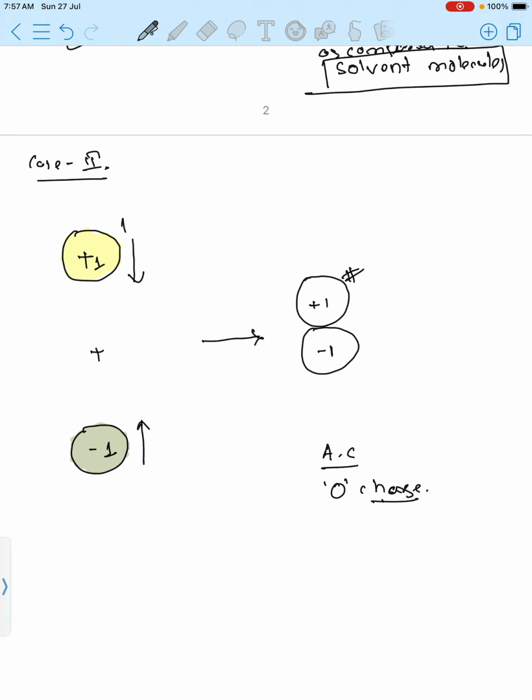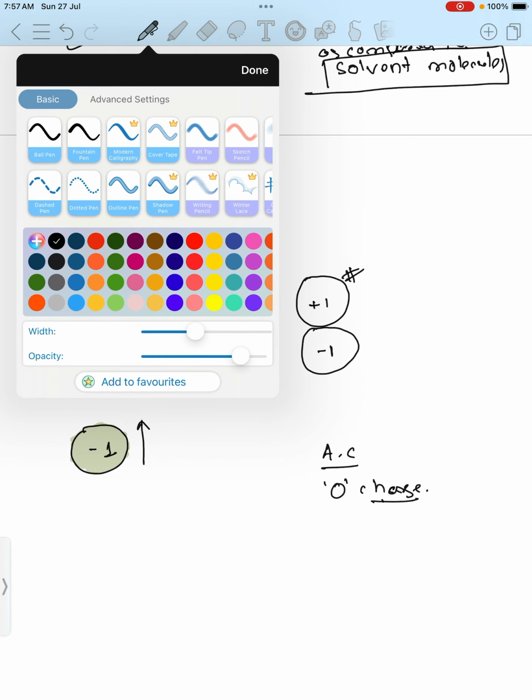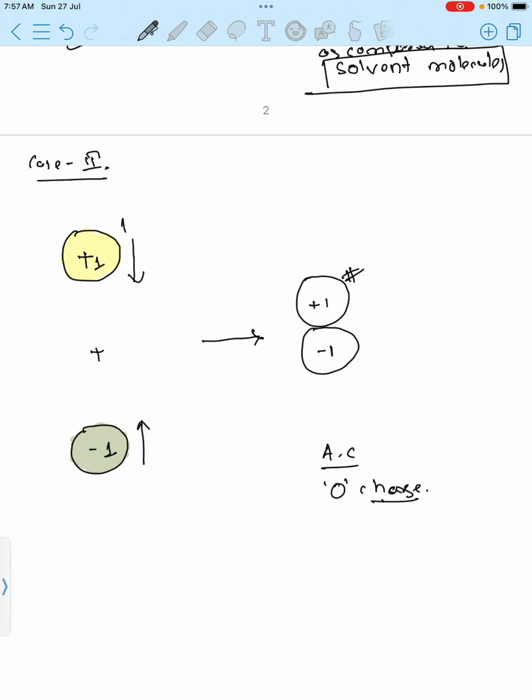That means, obviously these are ionic reactions and they will be present in the solvent medium, and they will be associated with the solvent molecules also.